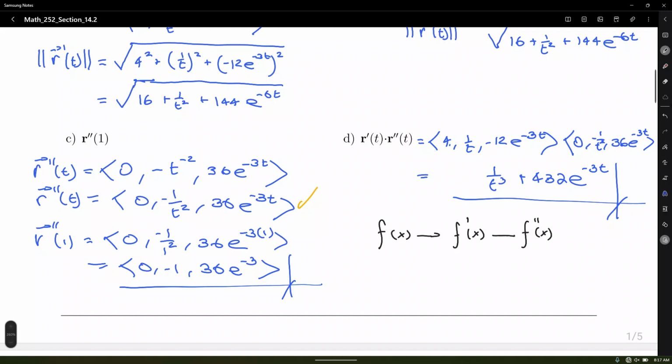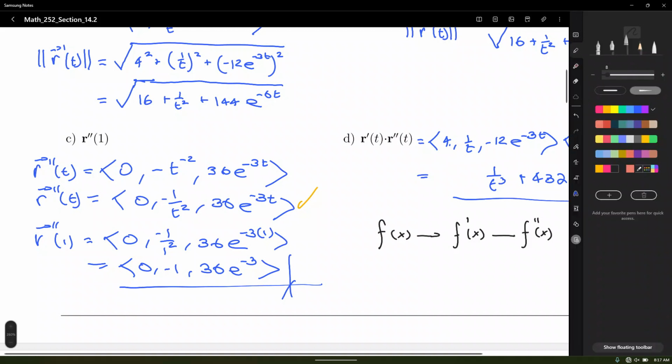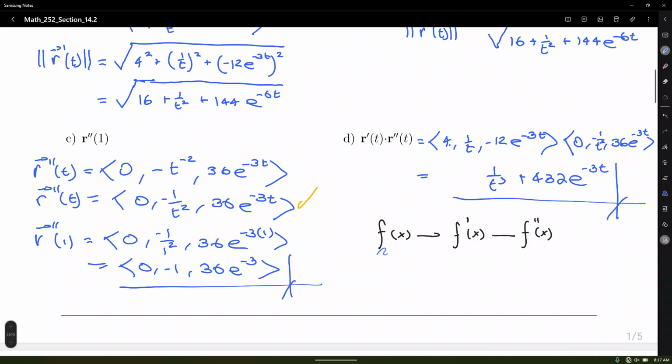So the most straightforward application for this derivative means, number one, the position of a particle traveling along some curve described by f of x. Then the first derivative represents the velocity. What about the second derivative? Acceleration, right?